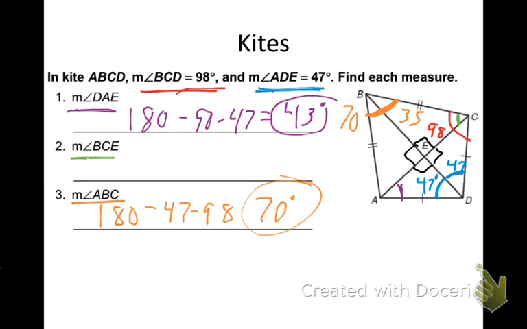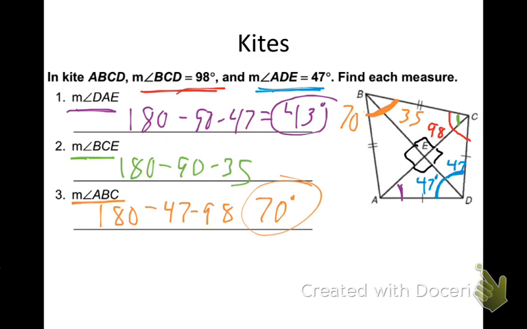Angle bisector. So if this is 47, that's 47. If this is 35, this is 35. Okay? What type of triangle do I have right here? If this is 35, what's this? Can I find this green angle right here then? You bet. I can find BCE then. I would do 180 minus 90 minus 35.